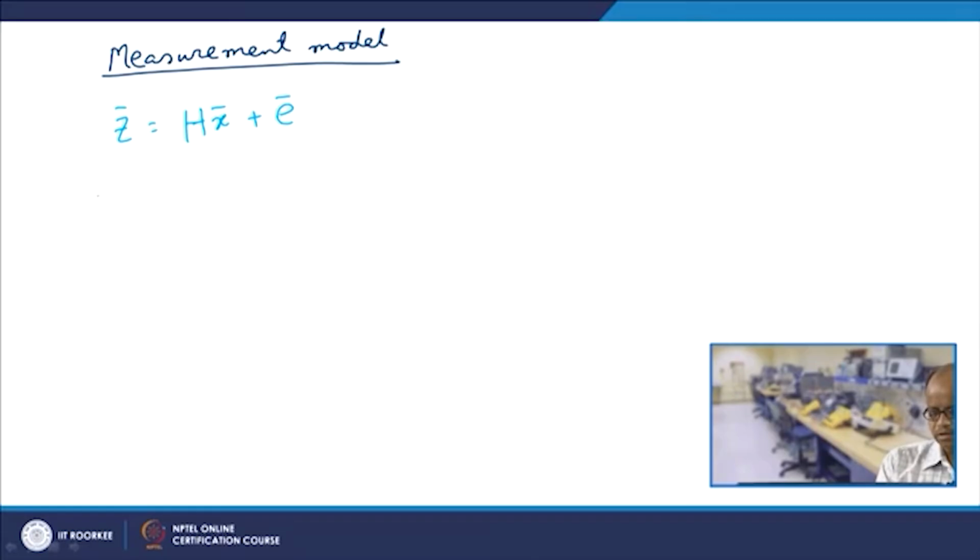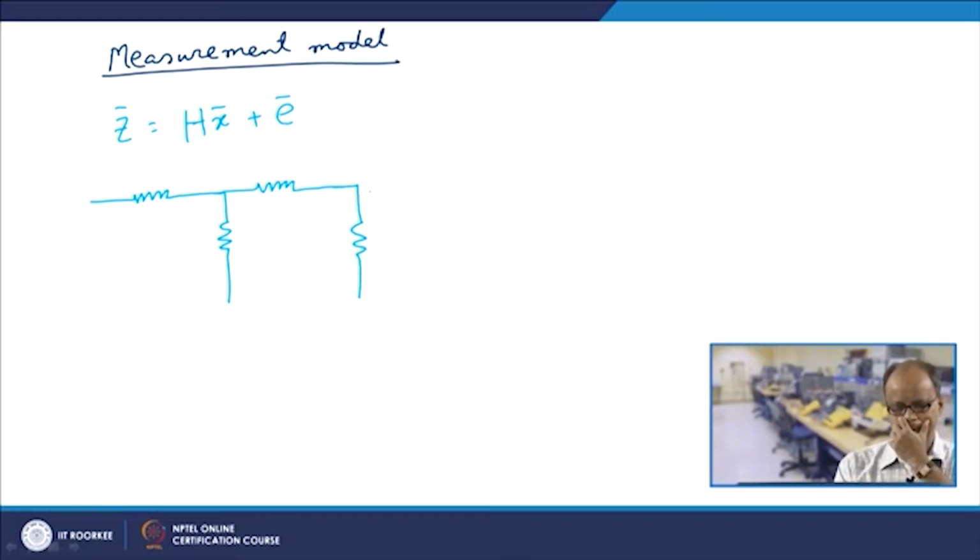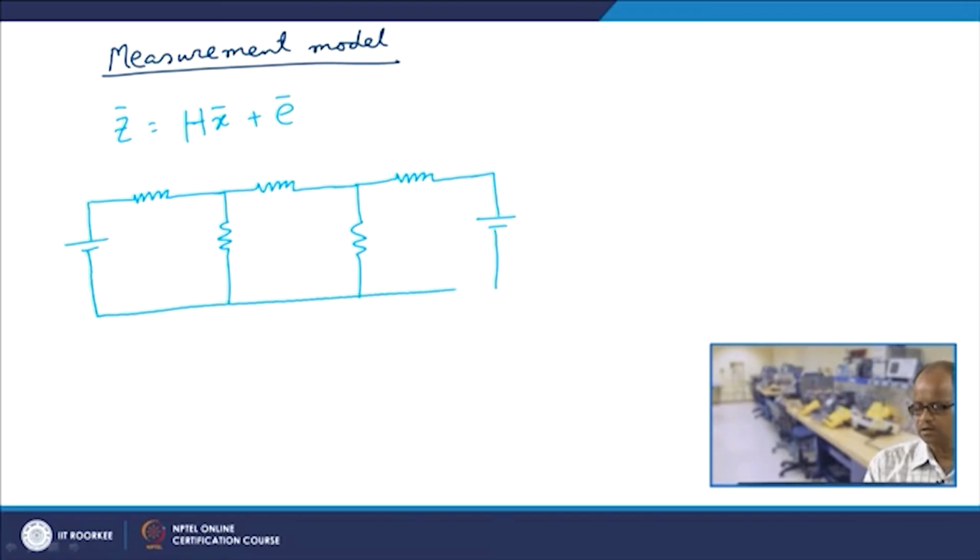So, our circuit is like this. This is V1, this is V2, and this is R1, R2, R3, R4, R5, and here we are measuring I1.